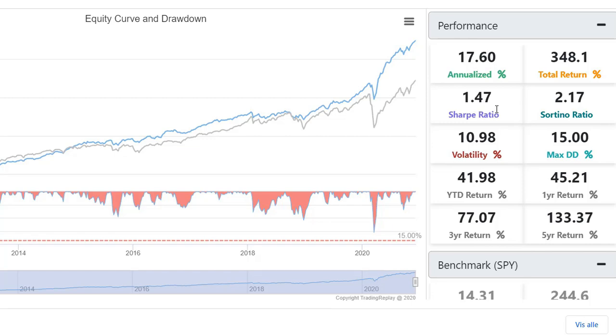A Sharpe ratio is just below 1.5, which is great. If you don't know the Sharpe ratio, it is where you take your performance and divide it by your volatility. So it tells us if we are getting a good performance compared to the risk we are taking within the investment period. You can see here the max drawdown is 15, and we have something called the Sortino ratio.